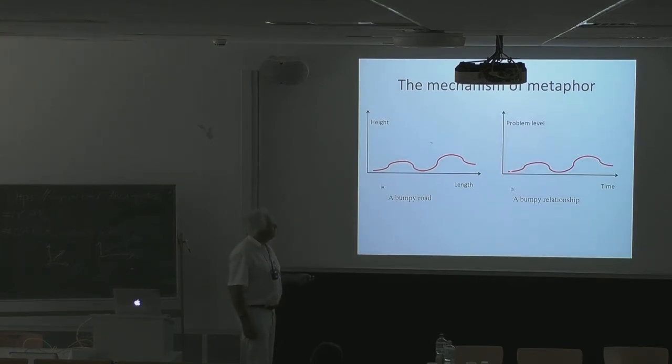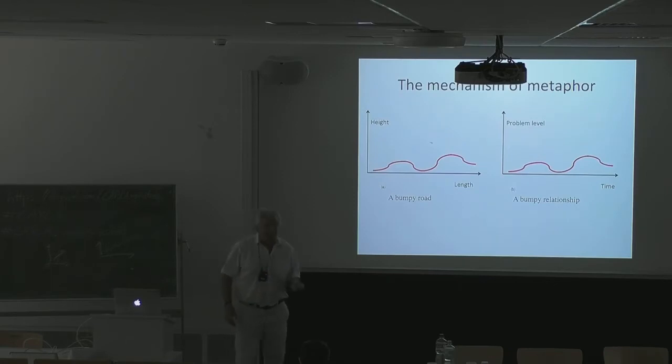But this is thought of as going up and down in the problem level along the timeline. Your mental construction of this story of the relationship has this shape. And these two shapes are so similar that we can talk about a bumpy relationship.